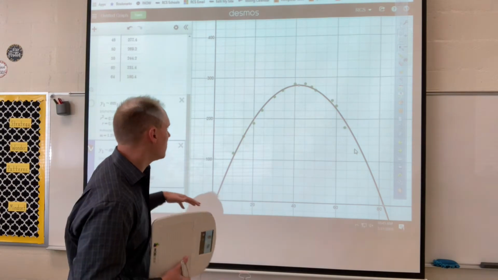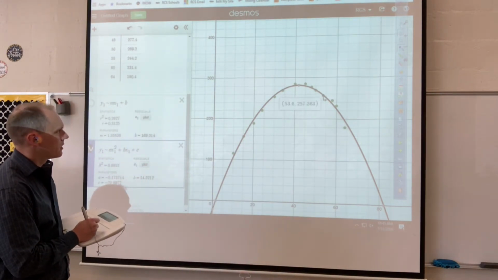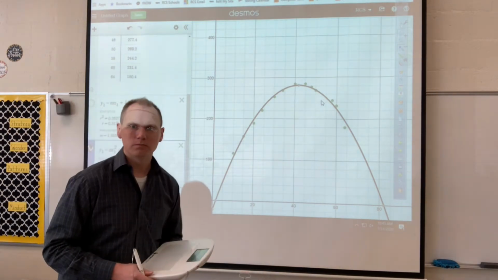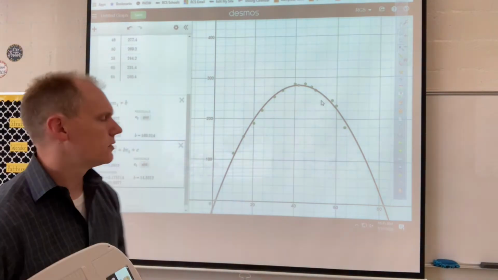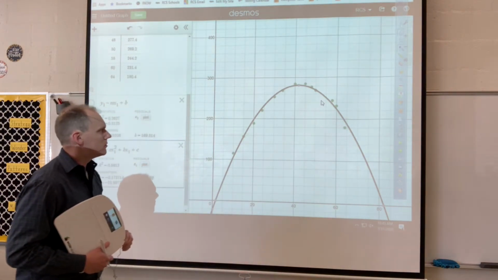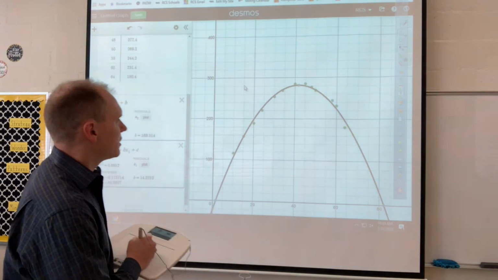So if I wanted to know what it is at 53, so 259 yards at that point. Actually, I think it is in feet. That makes more sense. But since we're interpolating, so inside the data, it's going to be a lot more accurate.